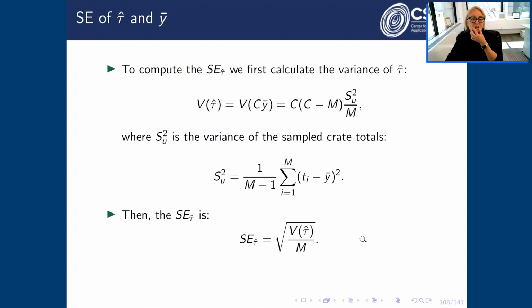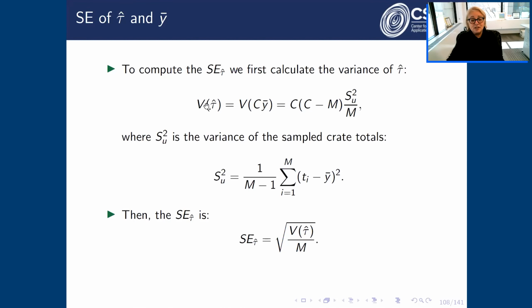Okay, so how do I compute the standard error? Well, I'm not going to go very deep into this. It gets tricky because, well, let's just say that to know how to derive these formulas, we would have to know a whole lot more about sampling theory, and we're not going to get there.